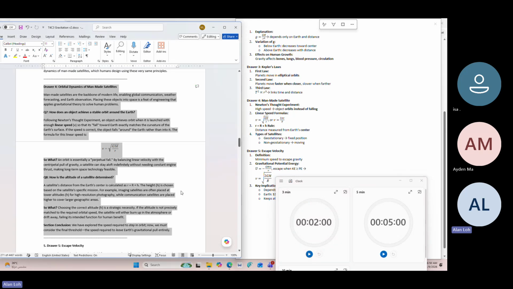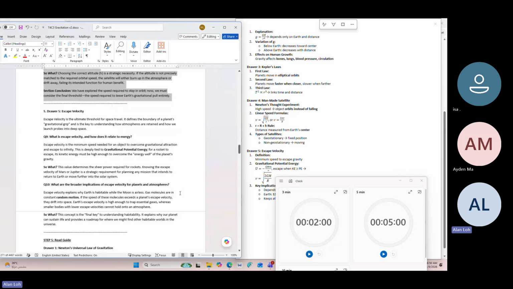All right. Last drawer before we go for a break. Now, escape velocity. Escape velocity is the speed that you need to go out of the Earth. When you are out of the Earth, you are going into the universe, and you are forever not coming back again.